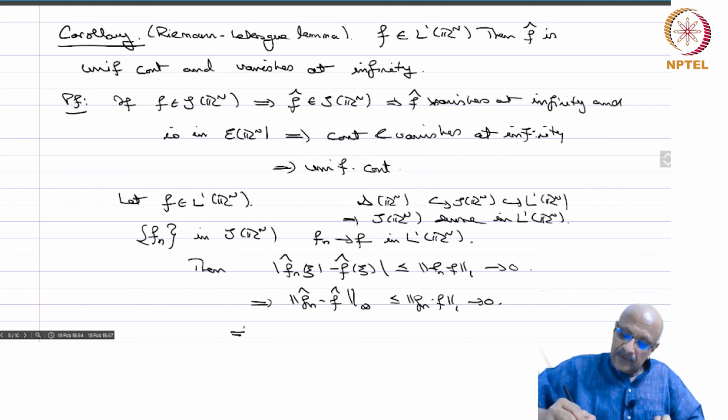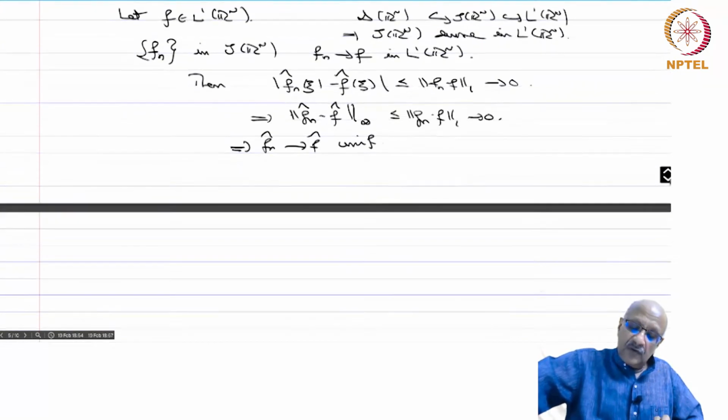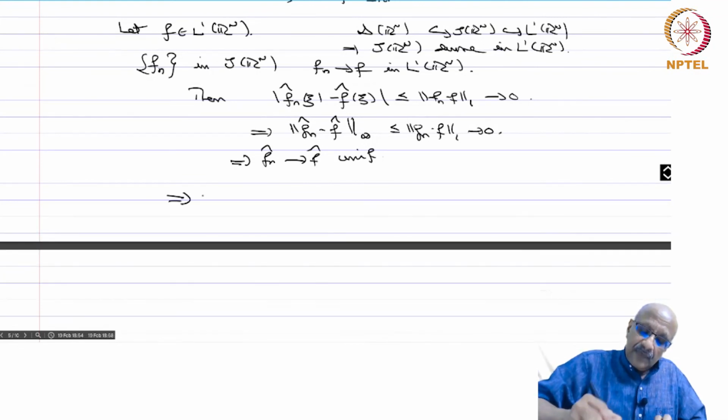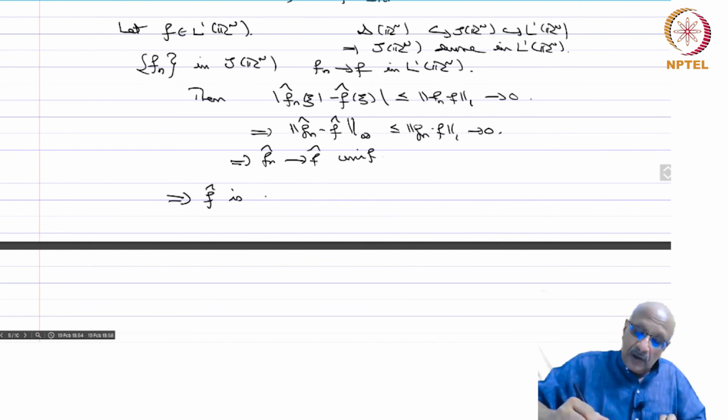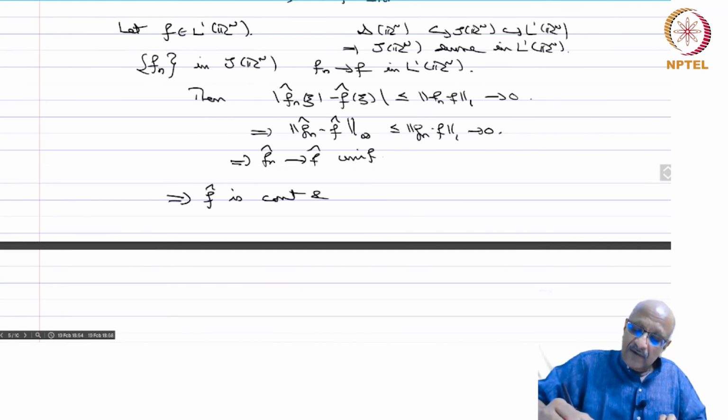So this implies f_n hat converges to f hat uniformly. So if it converges uniformly, that means f hat is continuous and vanishes at infinity.